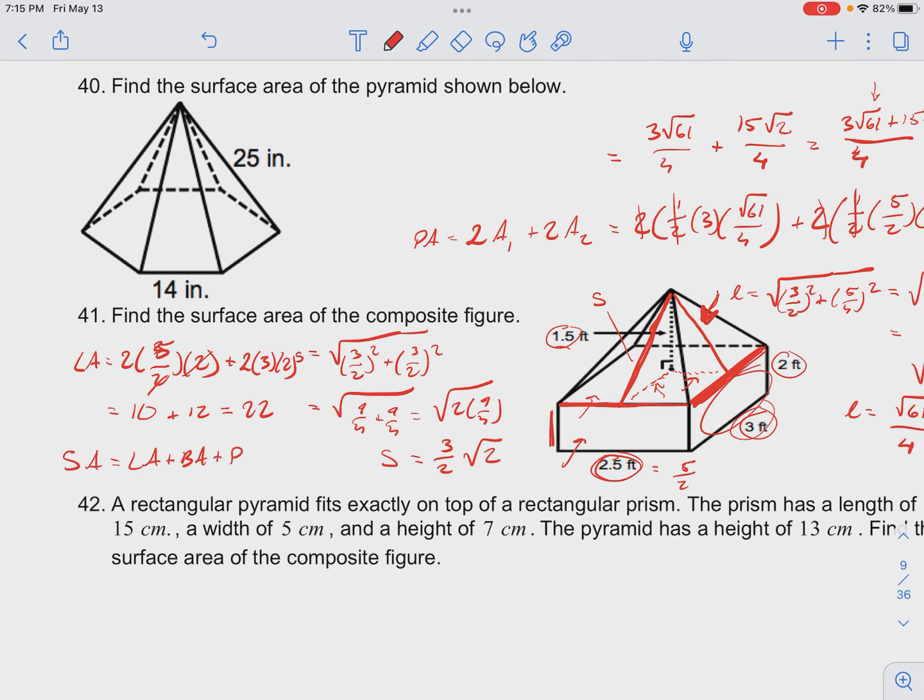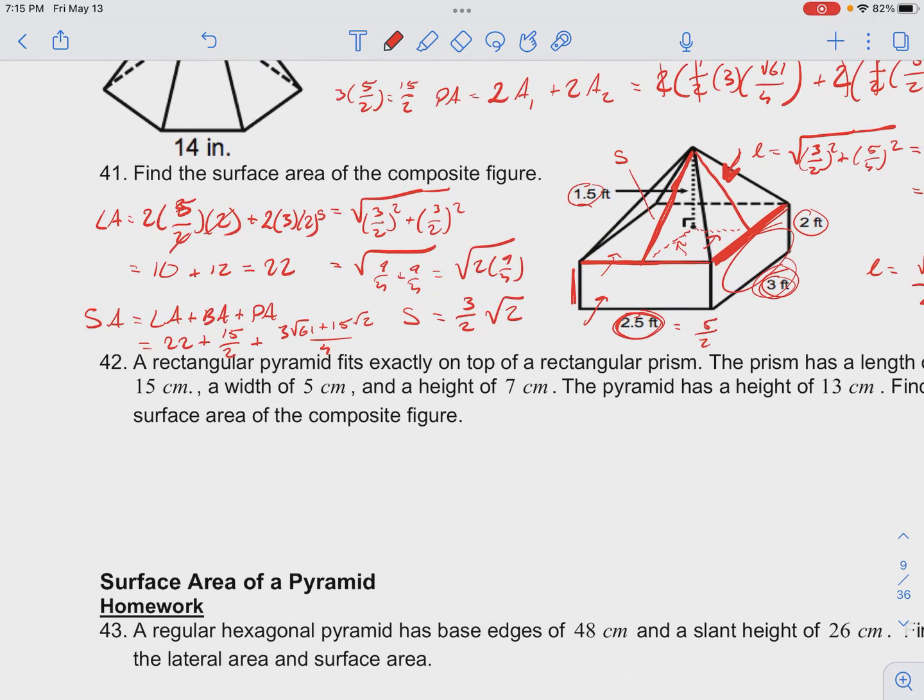Now we have the surface area given by the lateral area plus the base area plus the pyramid area. So we found the lateral area is 22. We have the base area. Base area is 3 times 2.5 because we have a surface underneath. So 3 times 2.5, which is 5 halves, is 15 over 2. So we add 15 over 2 plus the pyramid area, which we found as 3 root 61 plus 15 root 2 over 4.